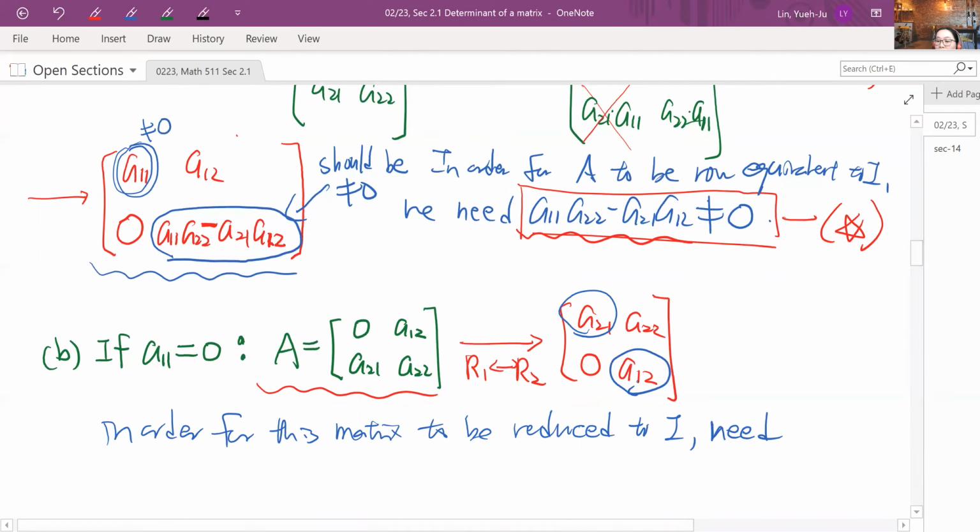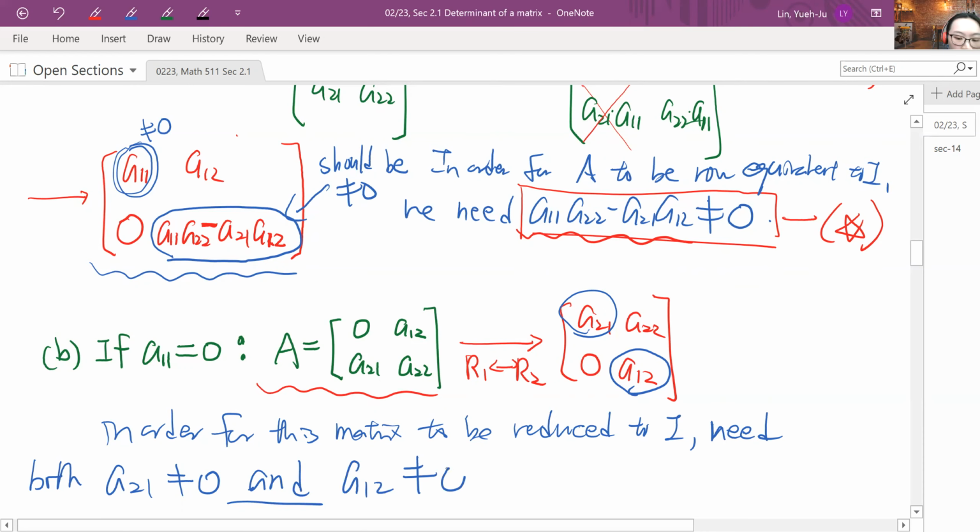If one of them is 0, then we have trouble. So we need A21 to be non-zero and A12 to be non-zero, right?